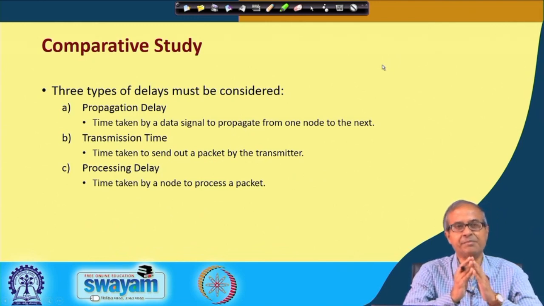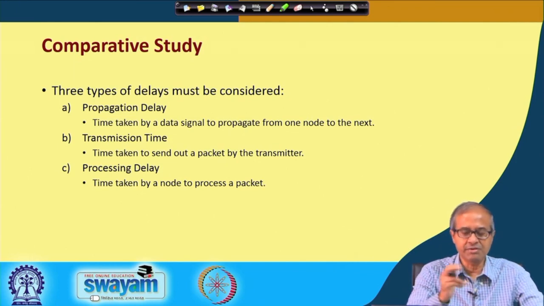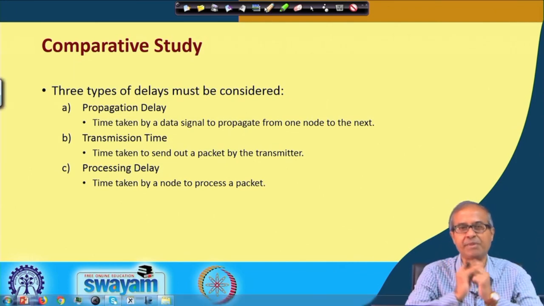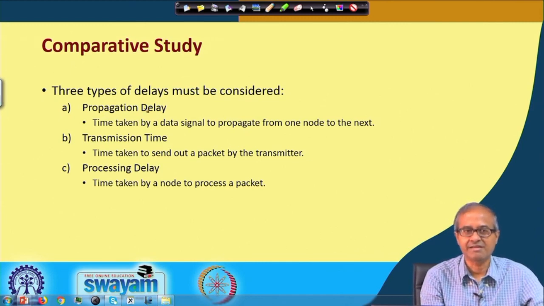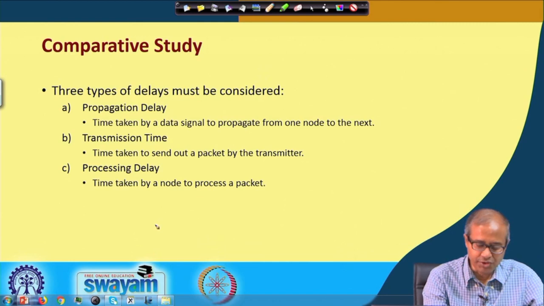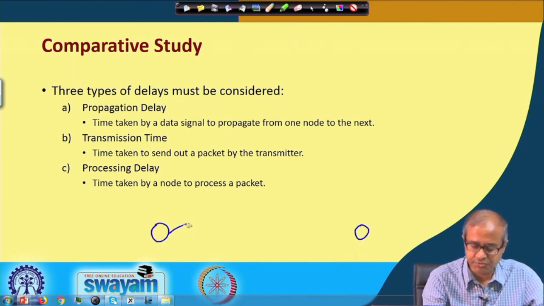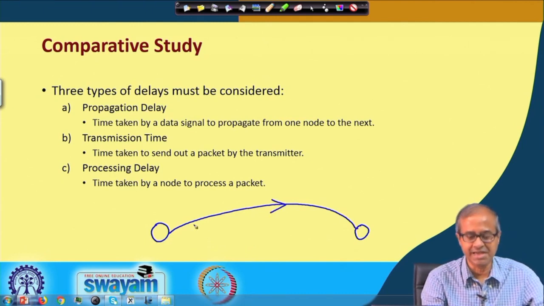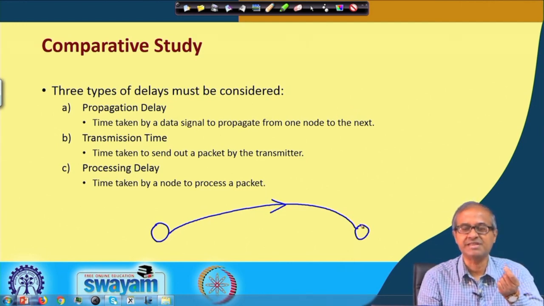Now, if we compare these approaches, we usually compare with respect to some parameters. One is called propagation delay. When we talk about communication between two nodes, propagation delay is the signal delay from source to destination.